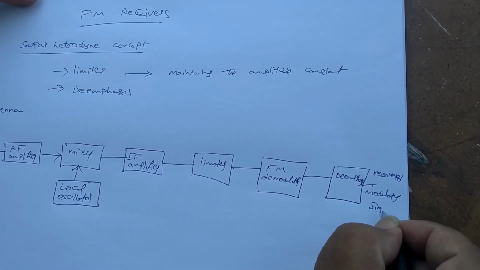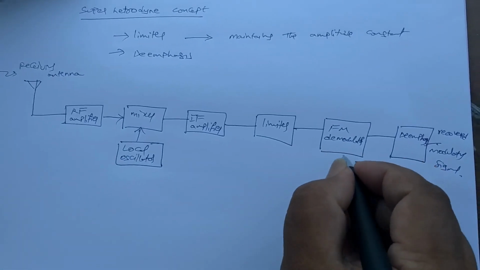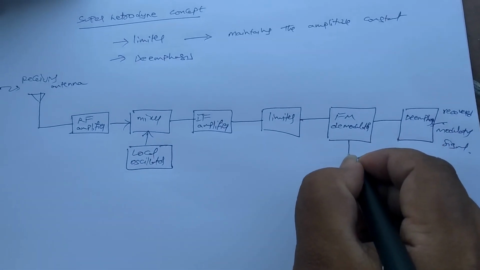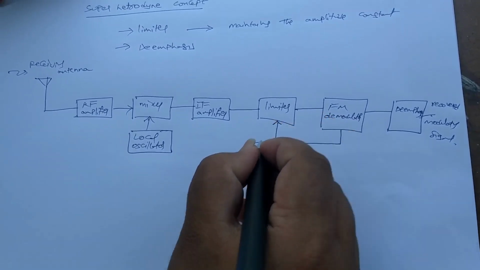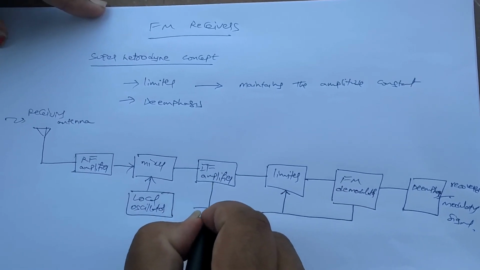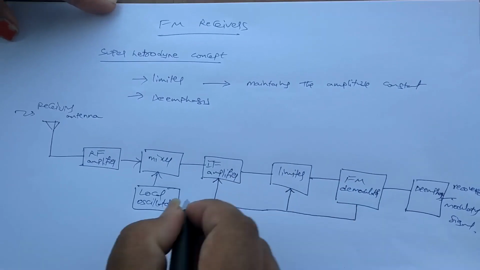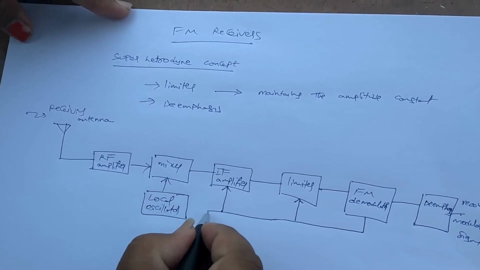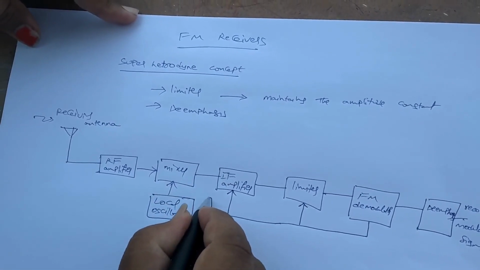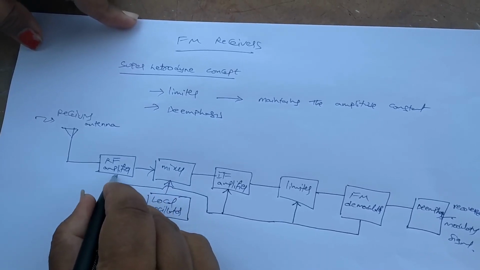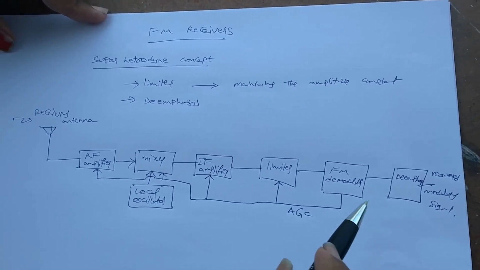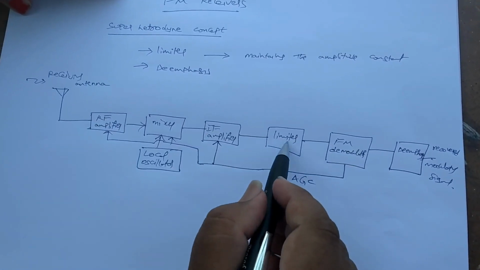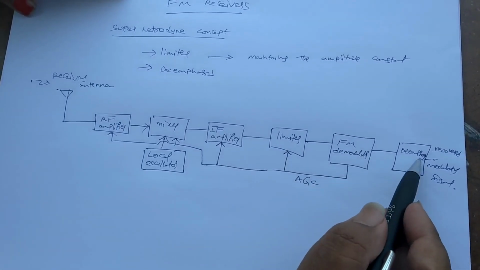Similar to AM, from the FM demodulator or from the limiter we get the DC signal that is used to control the remaining stages. It is the AGC or feedback. Compared to the AM receiver, the only difference is the inclusion of the limiter and de-emphasis.